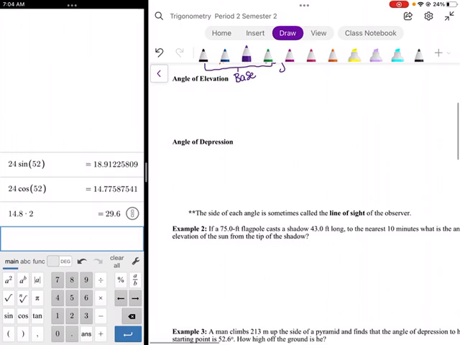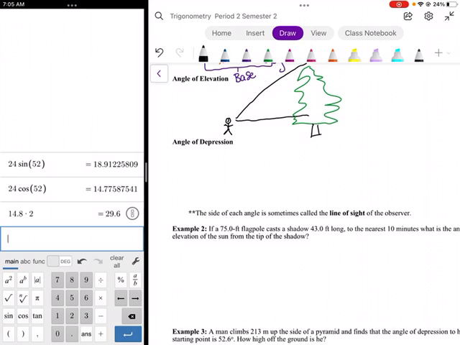Our next vocabulary word is angle of elevation. An angle of elevation goes from a person's eye line, and then they're looking up. So the example I usually use is they're looking at the top of a tree or something, or a building. Here's my kind of poorly drawn tree. But angle of elevation, you're always going to be looking up towards something, or looking up at something in the sky.